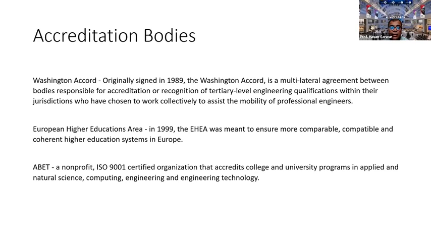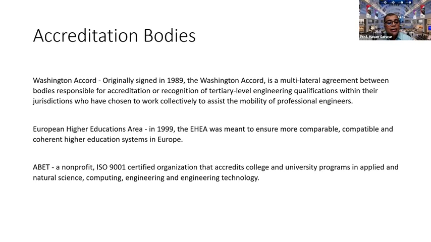Accreditation bodies make this happen. Like the Washington Accord, originally signed in 1989, which is a multilateral agreement between bodies responsible for accreditation or recognition of tertiary level engineering qualifications within their jurisdictions, who have chosen to work collectively to assist the mobility of professional engineers.